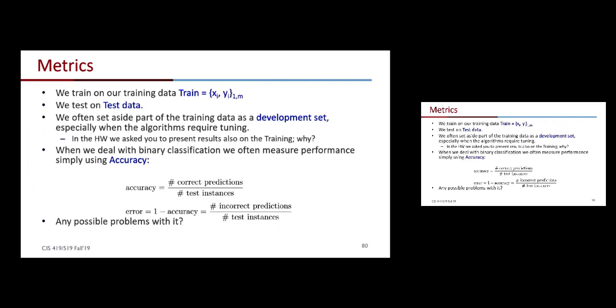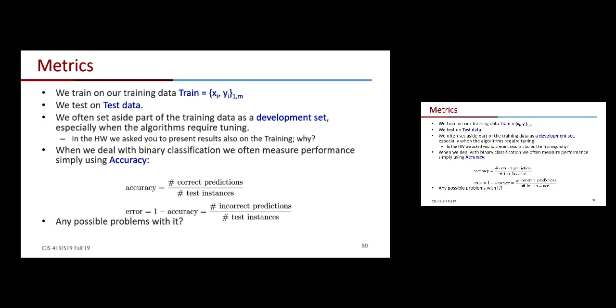You will see that in the homework, we ask you not only for your performance on the test data, but also for your performance on the training data. And that's an important thing for you to do from now on throughout your life. Always look also at how you do on the training data.